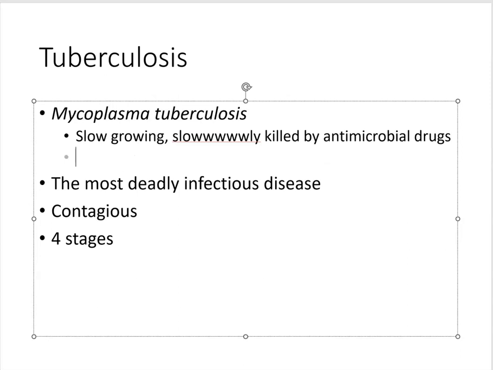Which ultimately means people don't take their full course of drugs, and so there are many antimicrobial resistant strains. So there are strains of Mycobacterium tuberculosis that we cannot treat. The XDR strains, you have to hope a person's immune response will protect them.